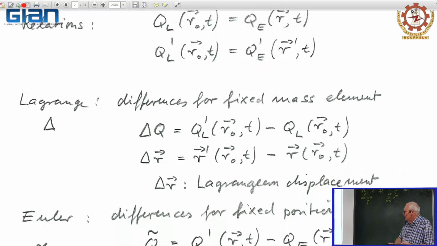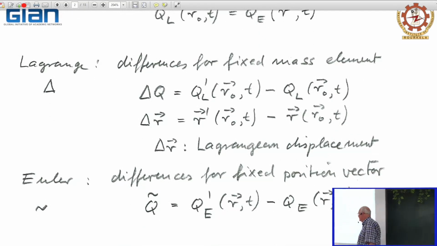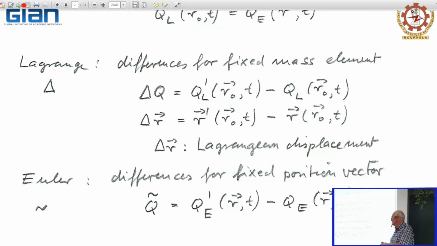Okay, in the Eulerian case, we denote the difference between the perturbed and the unperturbed system, so to say the Eulerian perturbations, by a tilde. So these are the differences between perturbed and unperturbed system for a fixed position vector. Pretty simple.